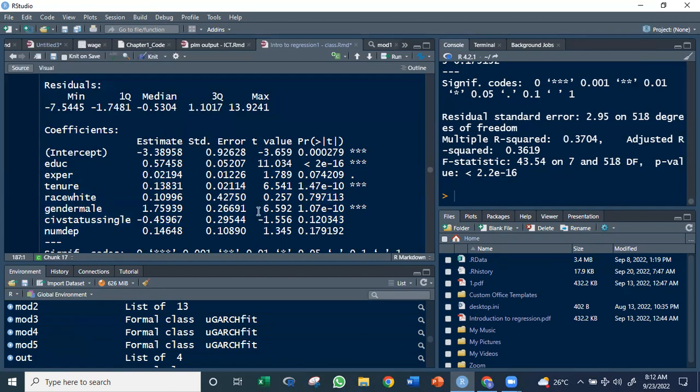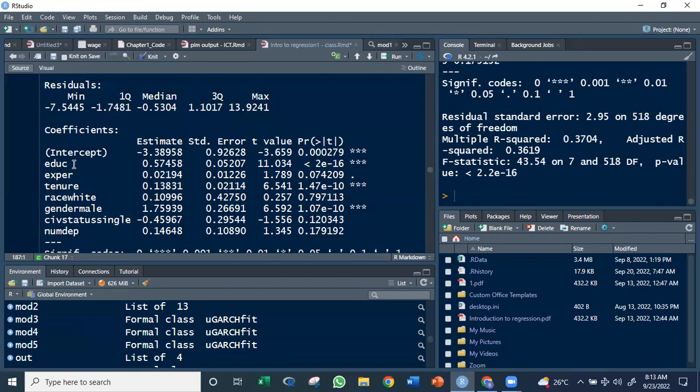And that's very important because if the other variables also change, for example experience also changes by one year, then not only the 0.57 will change but also this 0.02. That means we are measuring the effect of both education and experience on hourly wage. But what we're interested in first is the marginal effect of education on hourly wage.